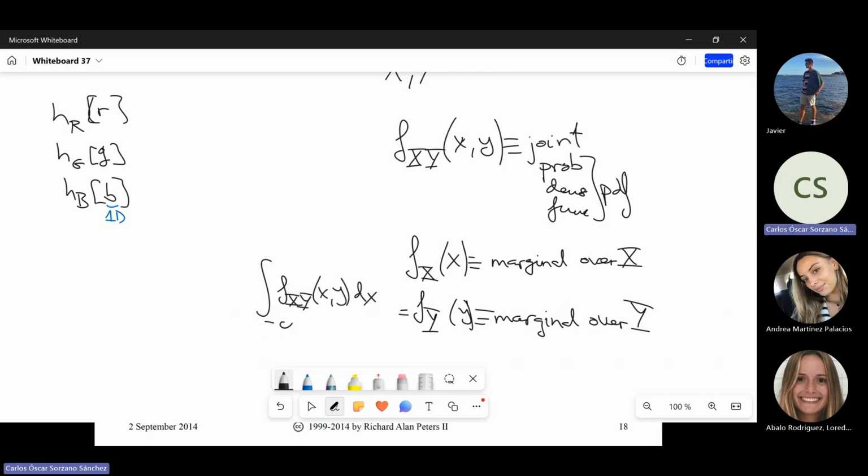You are familiar with this kind of thing. So we can do the same here. We will later say that histograms are approximations to PDFs. We have to normalize them, but this is somehow related to the PDF of R.